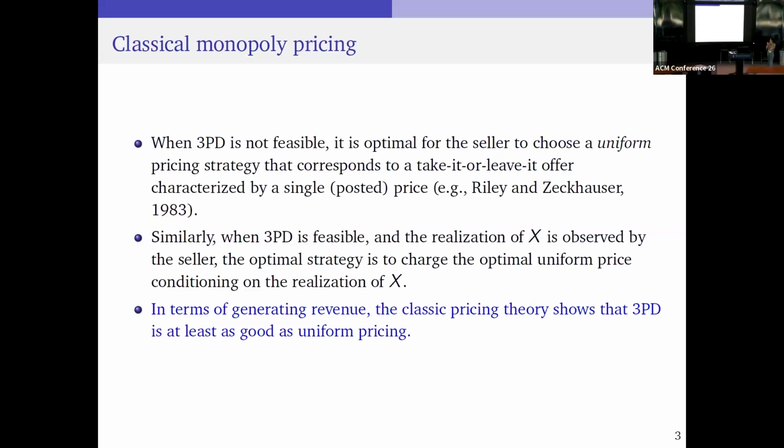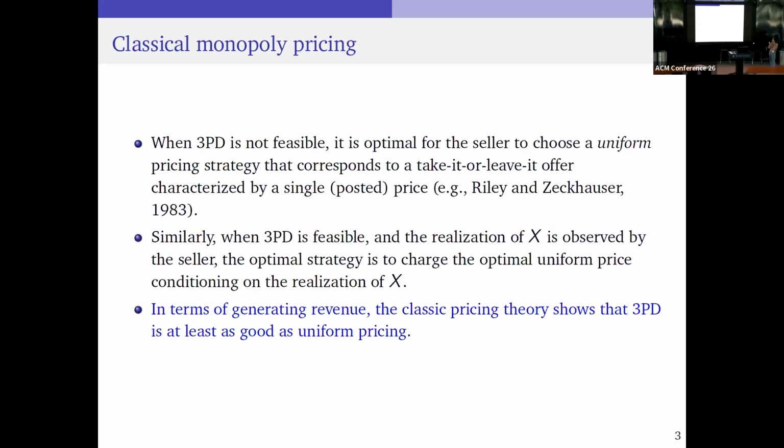Obviously, if you cannot condition on X, the optimal thing to do is to charge a uniform optimal price. You take the price times the percent of people willing to pay above the price, and you maximize that, and that gives you the optimal pricing.